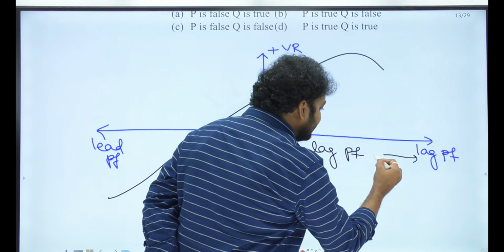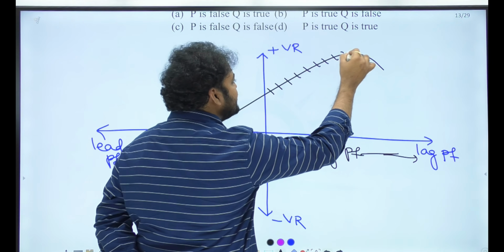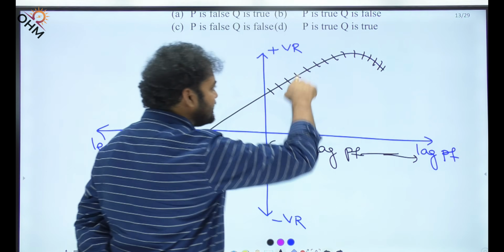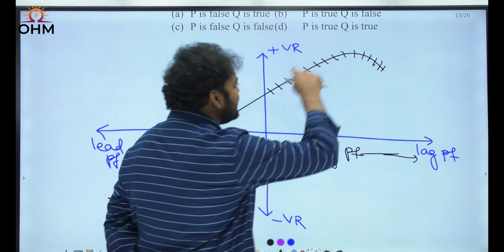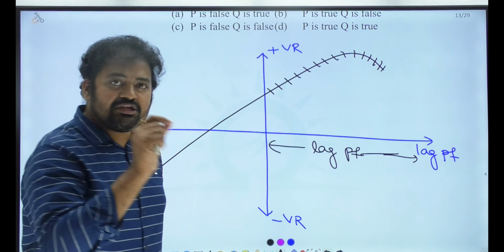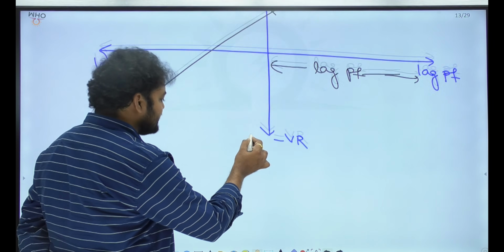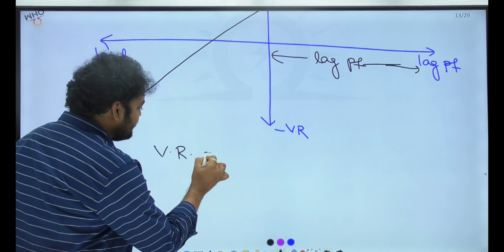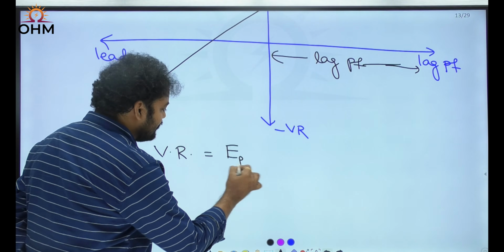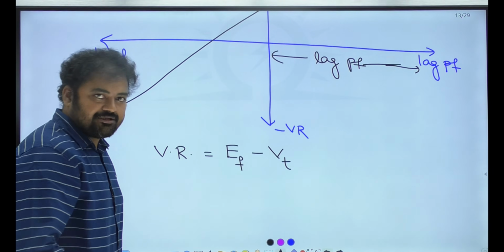If you look at the right side, guys, from here to here, this is lagging power factor. For all lagging power factor loads, can I say regulation is always a positive curve? Regulation is positive means, indirectly, first of all, what is meant by voltage regulation? Voltage regulation is the change in terminal voltage from no load to full load. No load terminal voltage EF, full load terminal voltage VT.